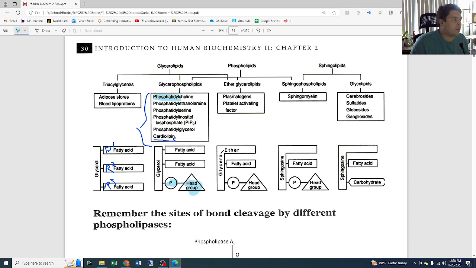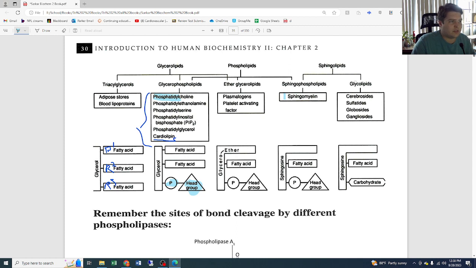We have our other phospholipids, our ether glycerolipids, which has the glycero-ether bond, a singular fatty acid, and then its head group. We have sphingophospholipids, such as the sphingomyelin, which we'll talk about more later. And you can see the sphingosine base with a fatty acid and the phosphate in the head group.